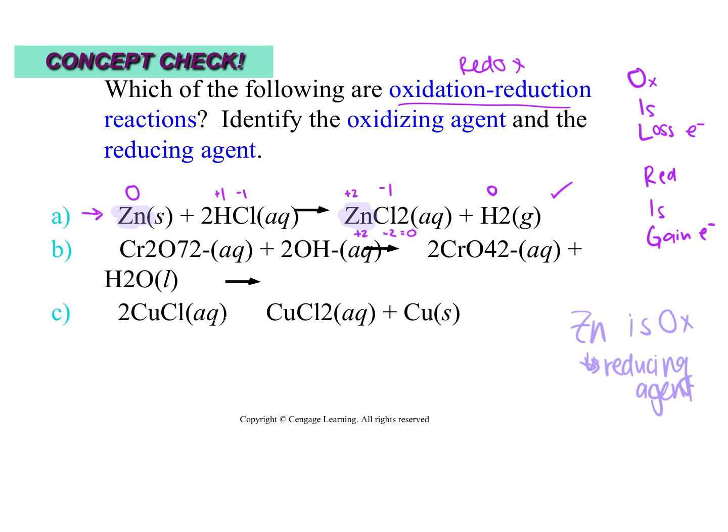And then what other ones changed? Did hydrogen change? Yes, it went from +1 to 0. So what did it do? It gained electrons, which means it's been reduced, which makes it the oxidizing agent. Do you see how we walked our way through that?